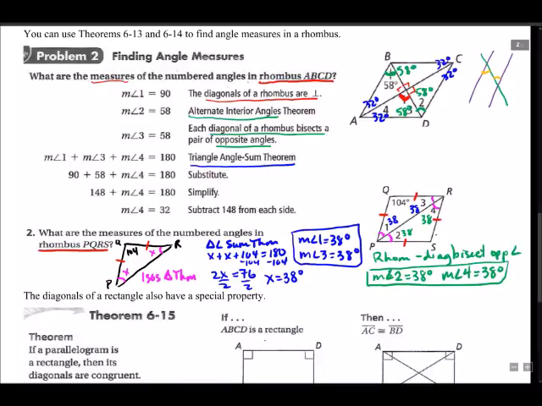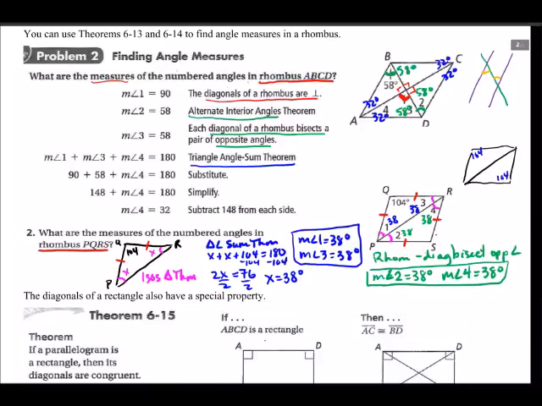Now, another way you could have done this, I'm just going to draw a quick rhombus here, is you know that this is 104. So a rhombus is a parallelogram. I could have said this is 104 because opposite angles are congruent.